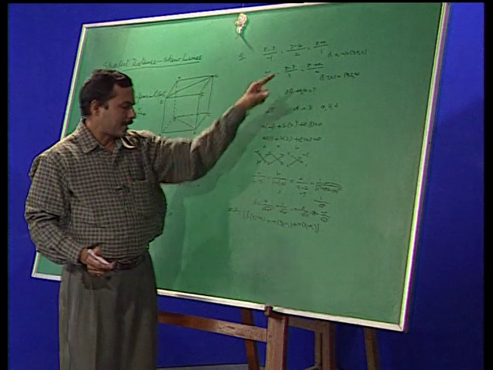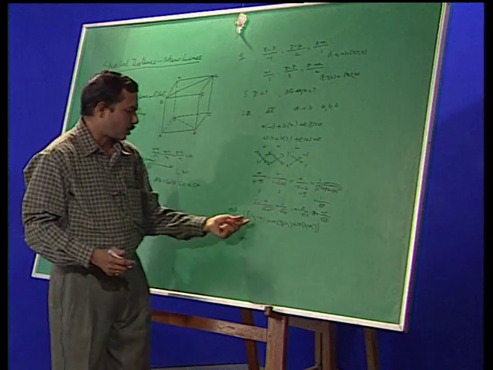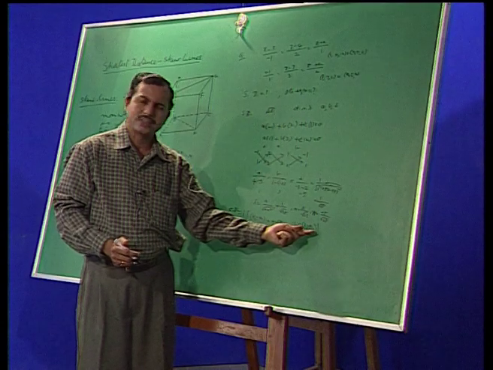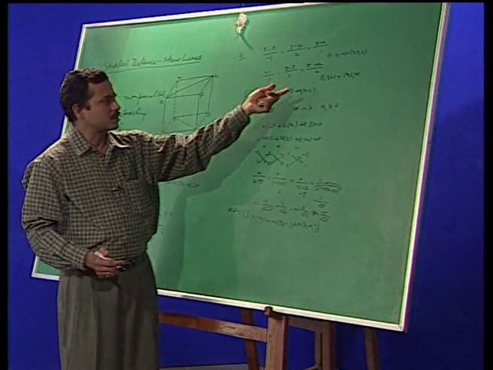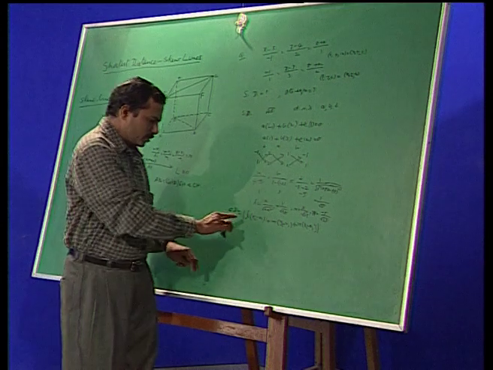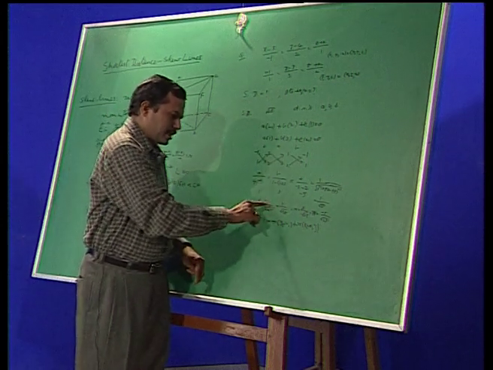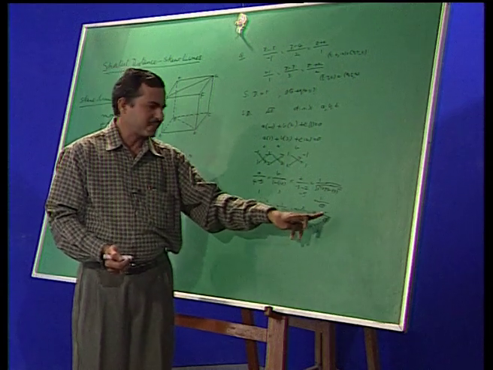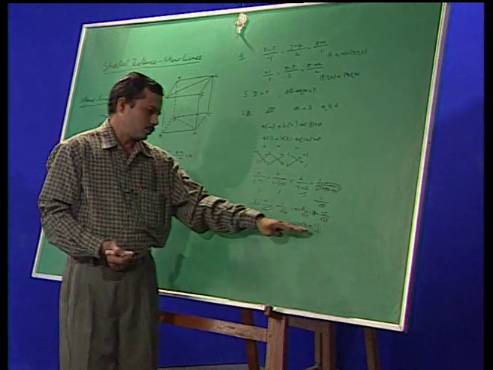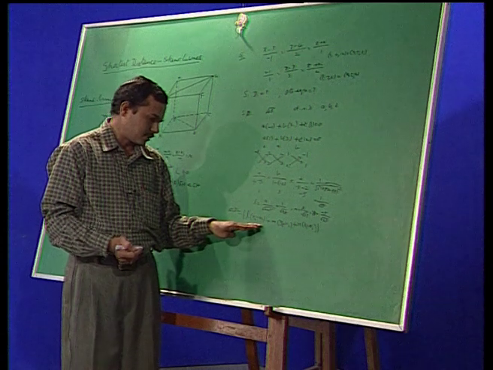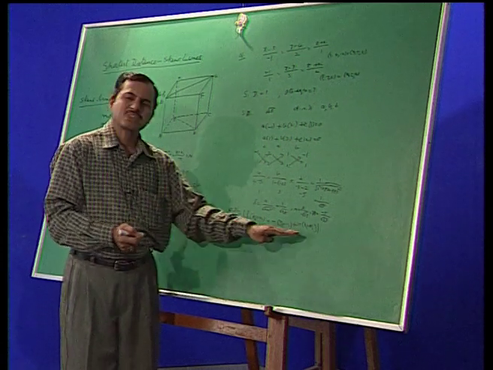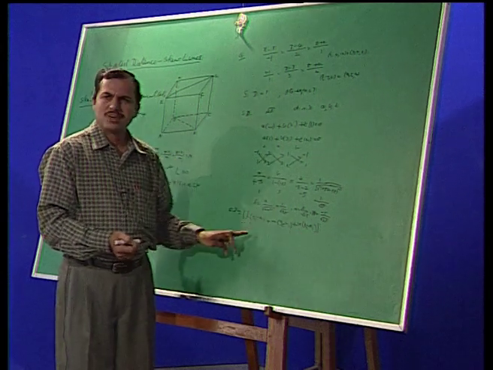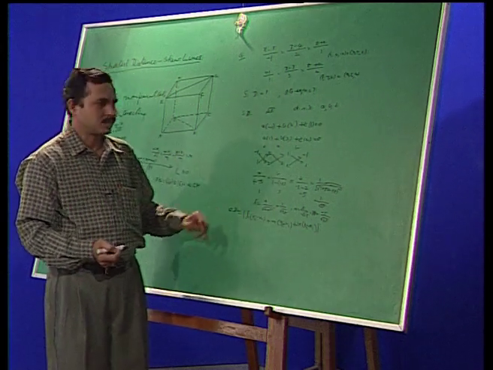Taking those 6 coordinates, we know the values of x2 minus x1, y2 minus y1 and z2 minus z1. We have to substitute those coordinates here. We also know the values of l, m, n: l is 1 by root 35, m is 3 by root 35, n is minus 5 by root 35. So, all the variables in this expression are known. Substitute them and compute this modulus value, that gives us the length of the shortest distance.